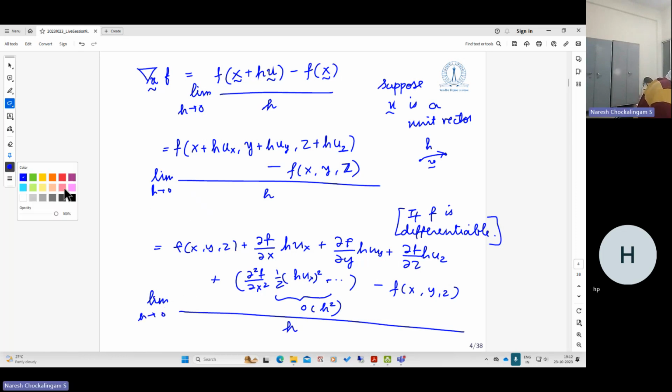So you can easily see that the first term cancels with this, and from these terms h gets cancelled. So we have an h in the denominator, and from all these terms you can take h square commonly out. Therefore, when you set the limit, you can cancel one h in the numerator with the h in the denominator. So there's an h multiplying all the higher order terms, and in the limit h tending to 0, these terms vanish.